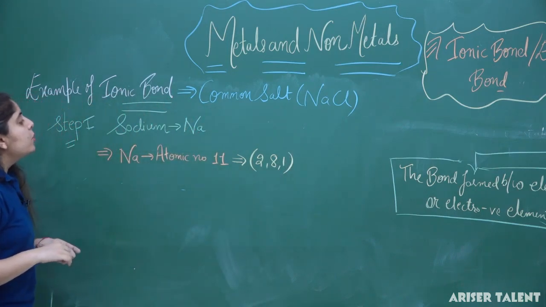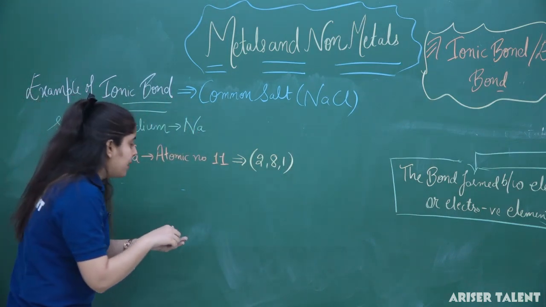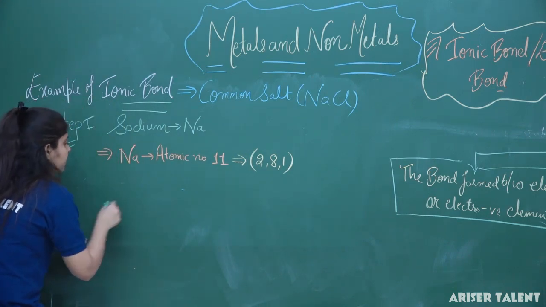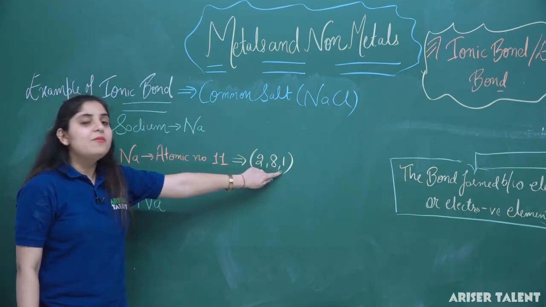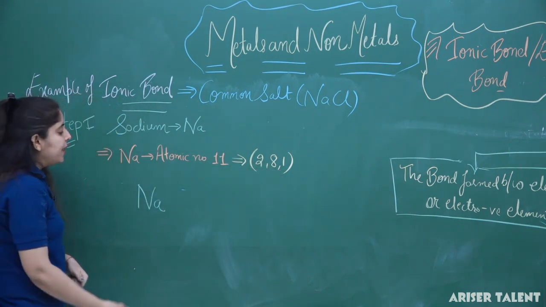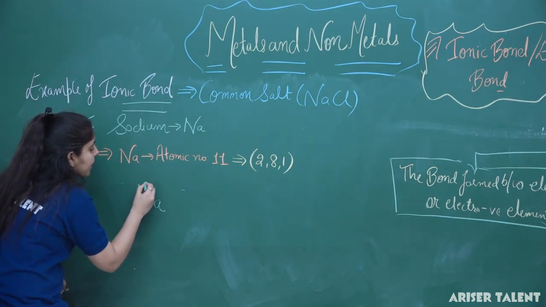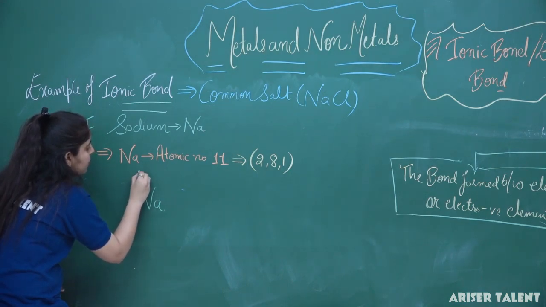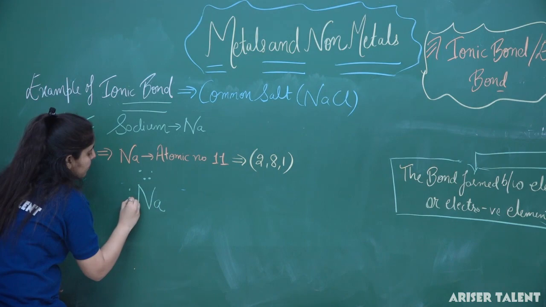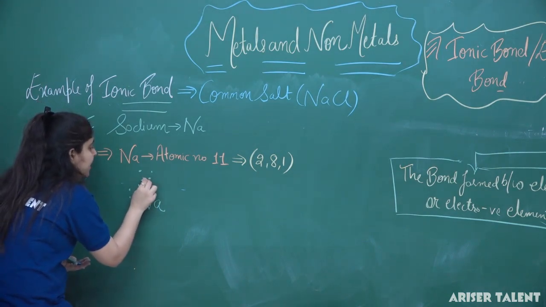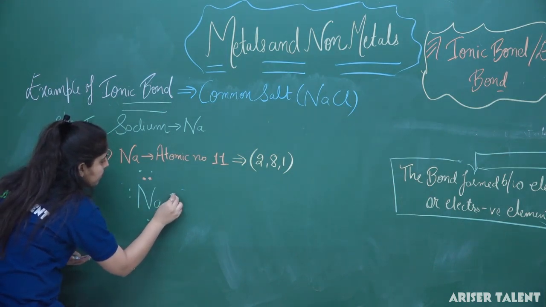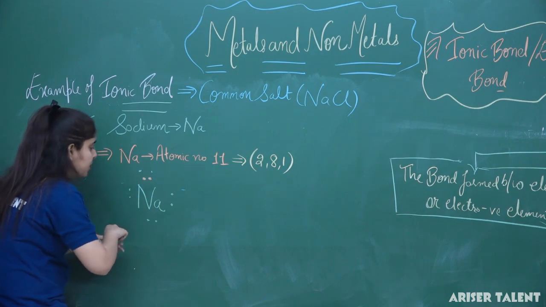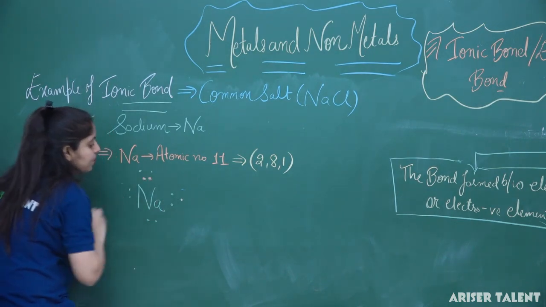Now if I draw the electronic representation of this diagram, this is Na, and its outermost shell will contain 1 electron. How will the electrons be drawn here? Firstly it has 2 electrons, then 8 electrons, and lastly 1 electron.